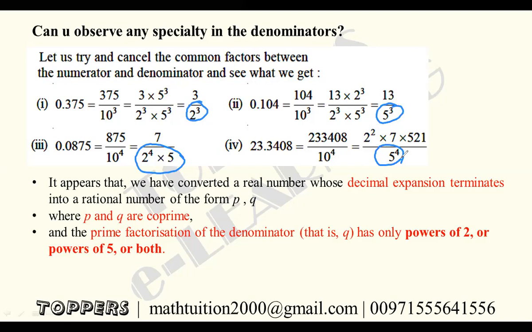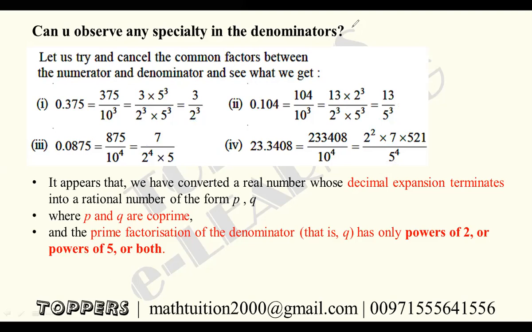Then we can observe a speciality in the denominators. The denominators have only 2, or only 5, or both 2 and 5 together. Other than 2 and 5, no other prime numbers appear in the denominator. That is a speciality that you can observe from this working.